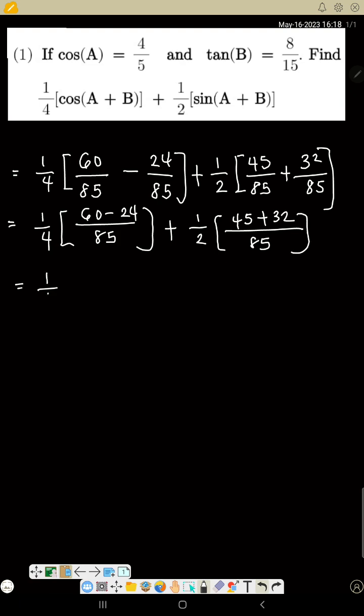So this is 1 over 4. 60 minus 24, that's 58, divided by 85, plus 1 over 2. 45 plus 32, so that is 77 over 85, like that.